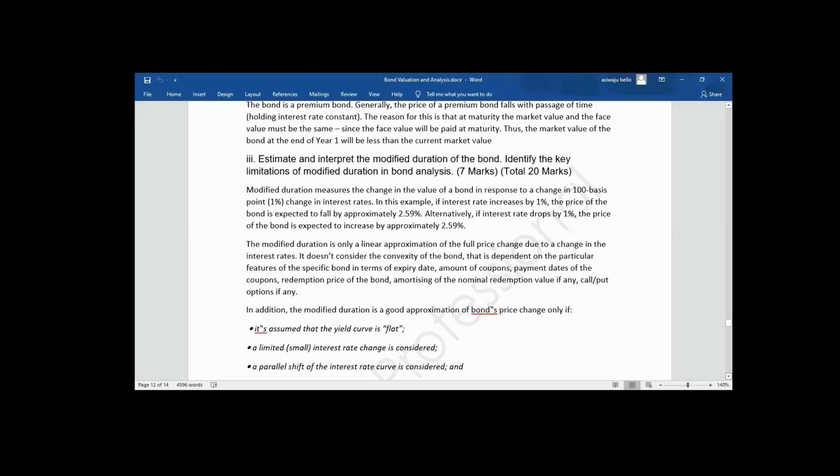Modified duration is only a good approximation of bond price change. It assumes that there will be a small change in interest rates. It also assumes that the yield curve is flat.